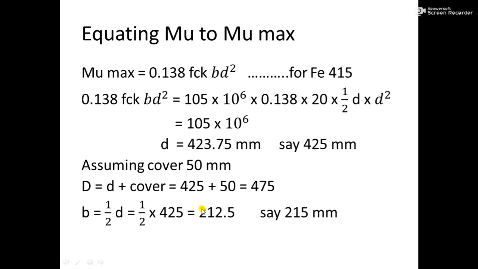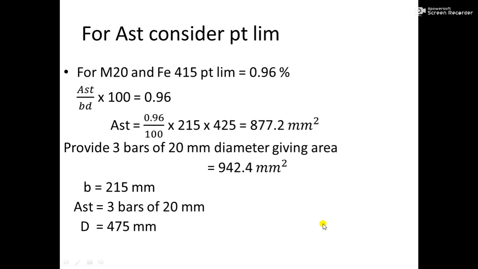This is the required depth for the given bending moment, that is 420.75 mm, say 425 mm. Assuming cover 50 mm, overall depth is 475 mm. Since b is equal to half of d, put the value of d here, that is 212.5, say 215 mm. So the depth is 425 and width is 215 mm. So this is the design of the beam.